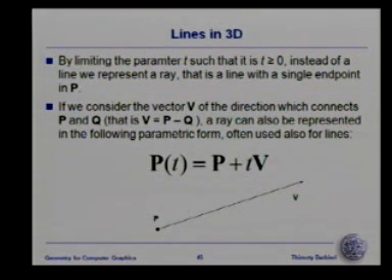How? Making Q minus P, or P minus Q. It depends which direction you want to go. So, you can do it like this. P of the parameter t is its origin plus the parameter multiplied by the direction of the ray.